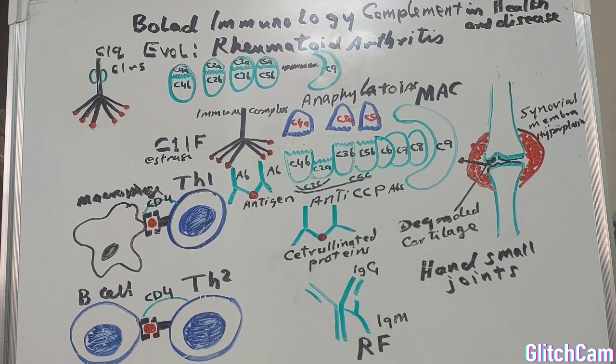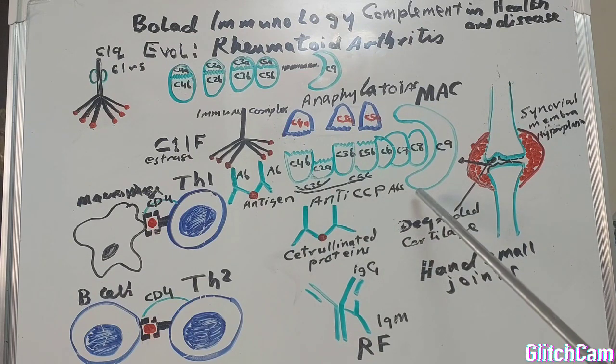These antibodies are known as anti-CCP antibodies. So when anti-CCP antibodies encounter citrullinated proteins here, due to failure of clearance of apoptotic and necrotic cells, this will lead to formation of immune complex.